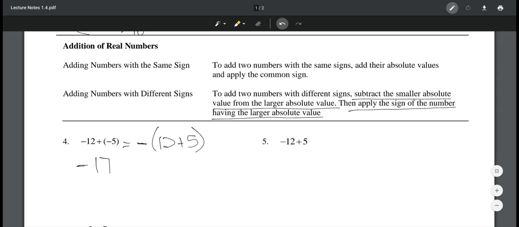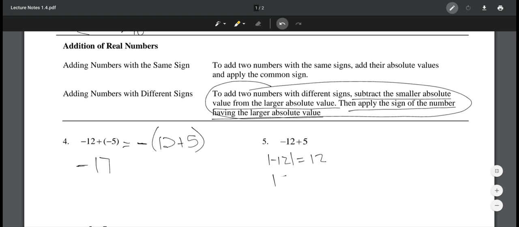Now, the second one is different because we are going to be using the second rule, because I have negative 12 plus 5. Okay, now the absolute value of negative 12 is 12, and the absolute value of 5 is 5. This number is the bigger number. So I should be thinking 12 minus 5, and I get 7.